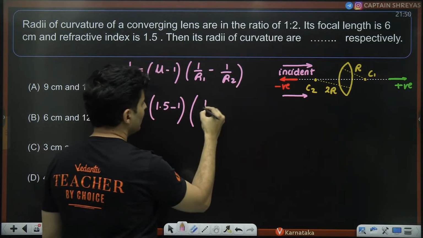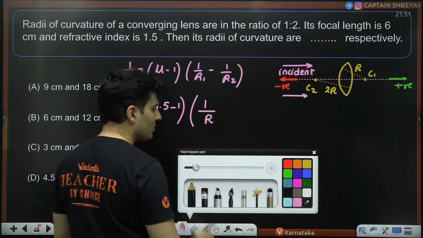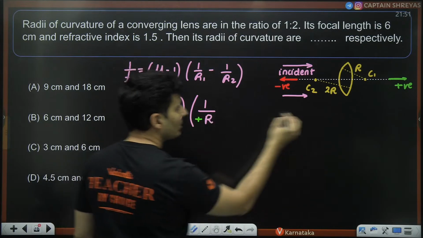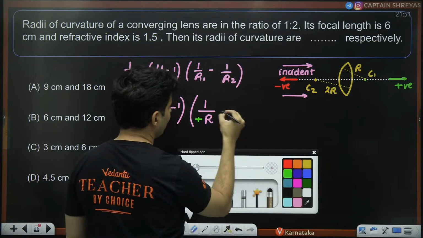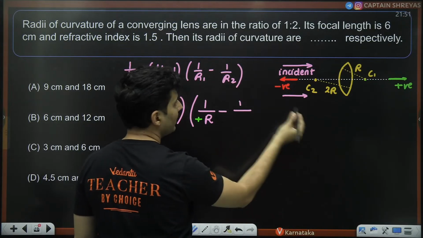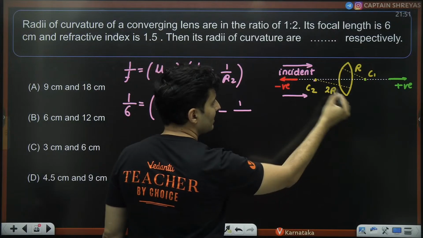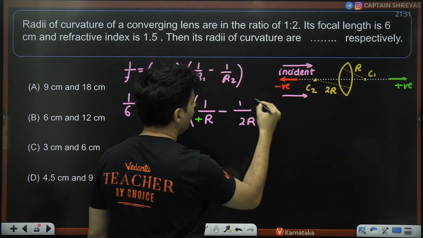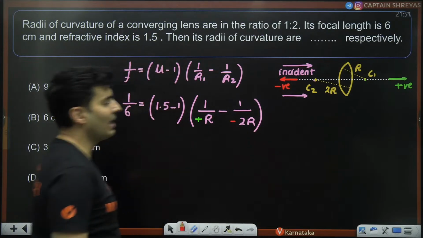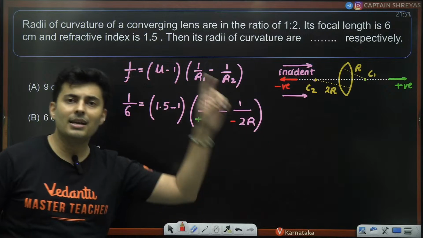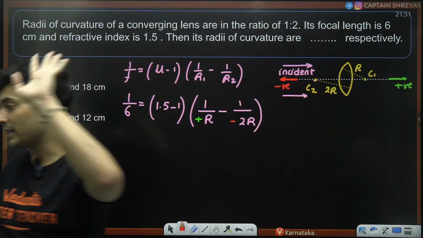So R1 is technically R and it is also positive. Why? Because it is on this side. Can you see? Next, observe carefully. Minus 1 by R2. This is center 2, so this is R2, so that is basically 2R. But do you see center 2 is on the negative side? So that's why this will be minus. So you need to be very, very careful with the signs.